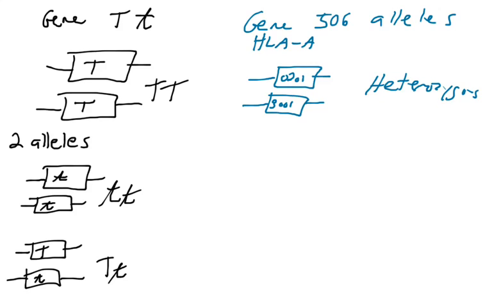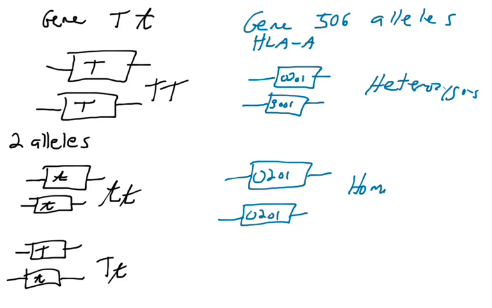Well, the odds are really, really high that, in fact, you are heterozygous. It would be very unlikely that you have inherited 2 identical alleles, that you are homozygous. But what would happen if you were homozygous? What is the disadvantage if you were homozygous? And think about it. These genes encode for proteins that present peptides.